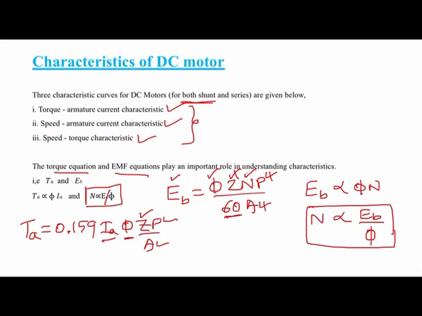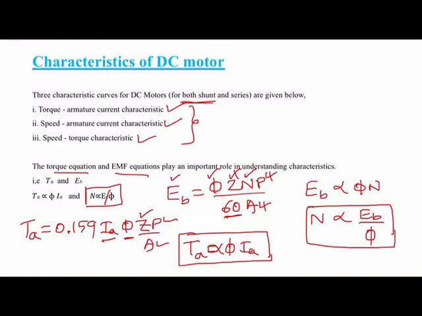So the torque is directly proportional to the flux and the armature current. With these two relations we can easily draw the characteristic curves for the DC shunt motor.